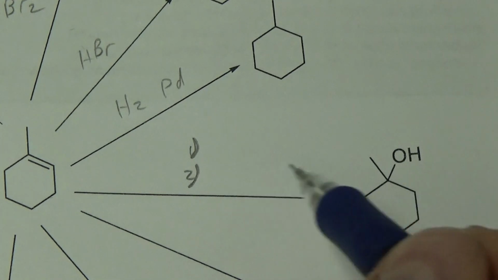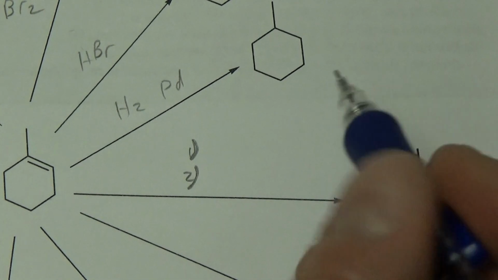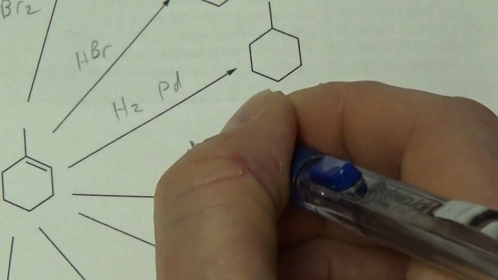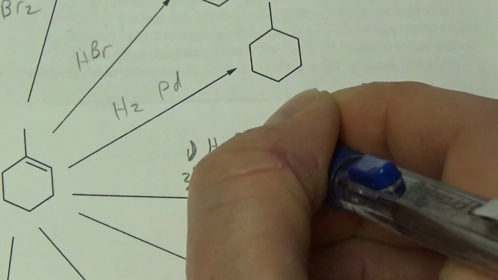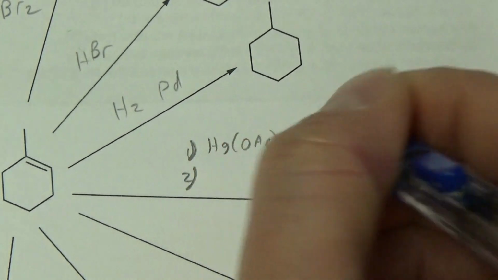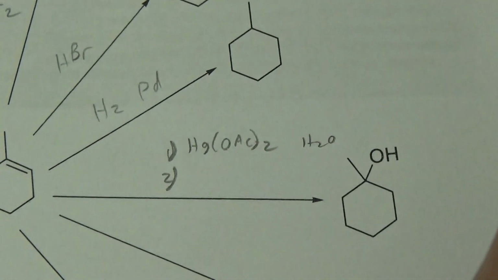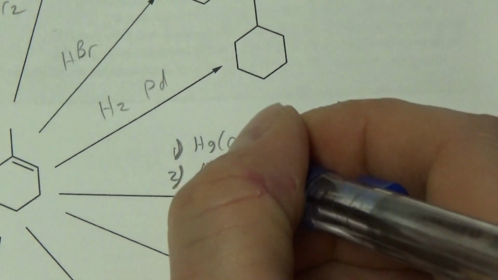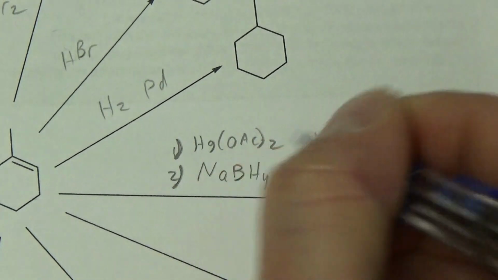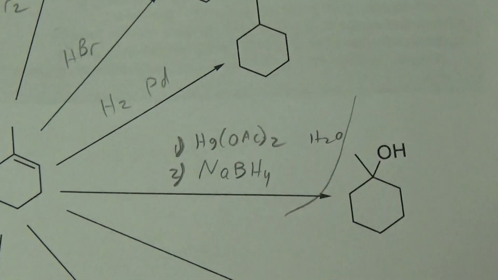This is the OMDM, oxymercuration-demercuration, and the reagents were Hg(OAc)2, mercury diacetate, and water in step 1, and then step 2 was NaBH4. So the water is part of the mixture there.